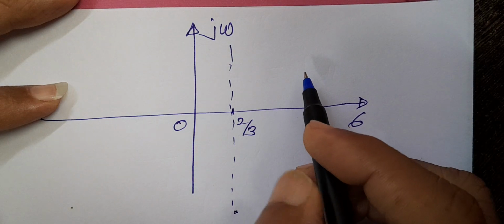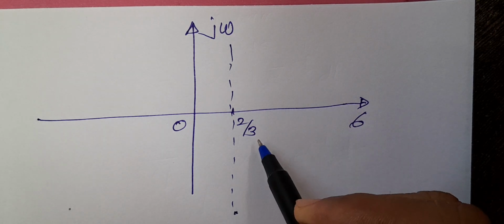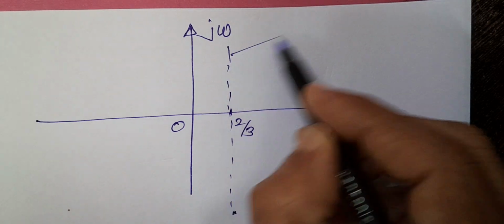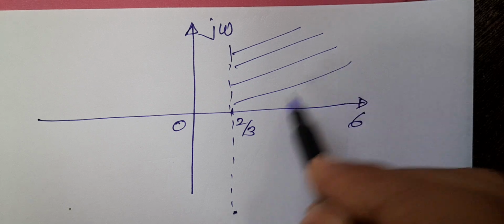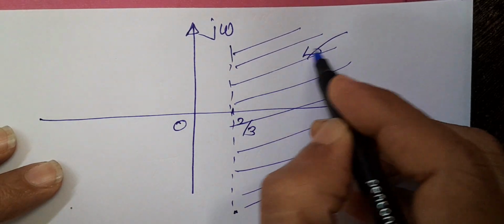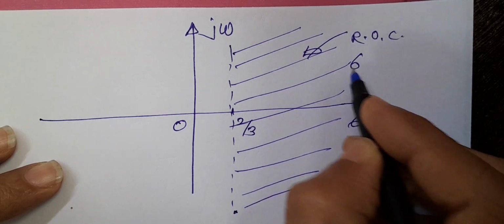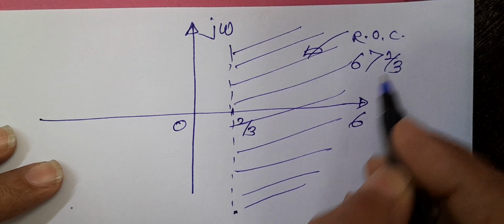The ROC is sigma greater than 2 by 3. So this is your ROC.